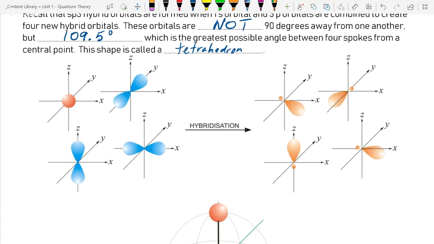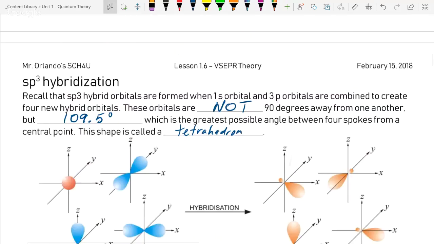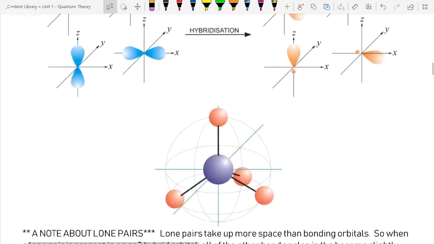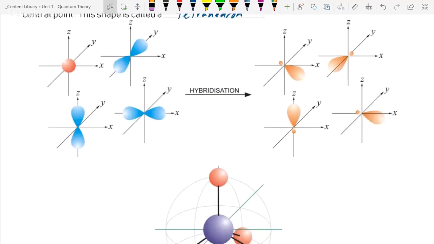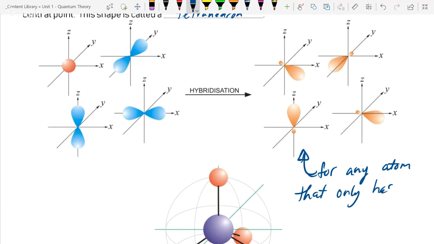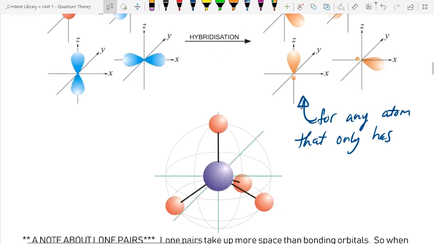Now, sigma bonds occur in hybrid orbitals. What else always gets found in hybrid orbitals? Lone pairs. So keep in mind, this is for any atom that only has sigma bonds and lone pairs.